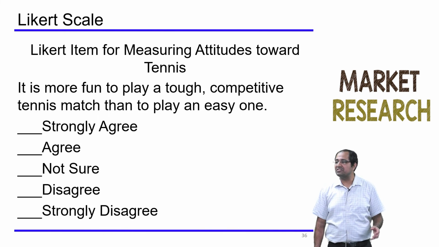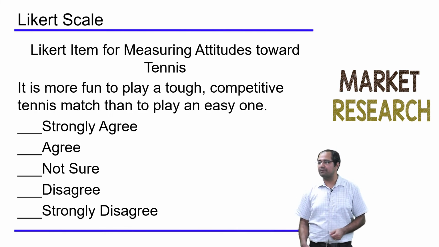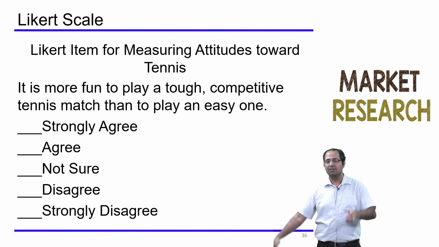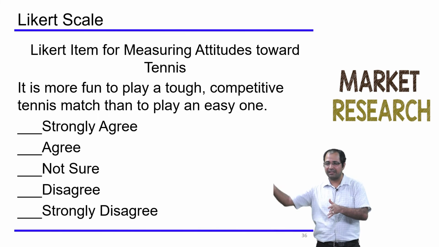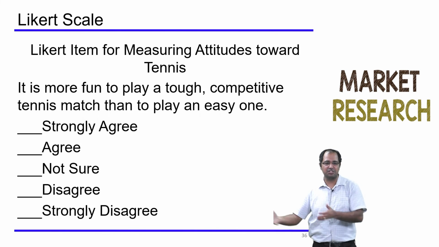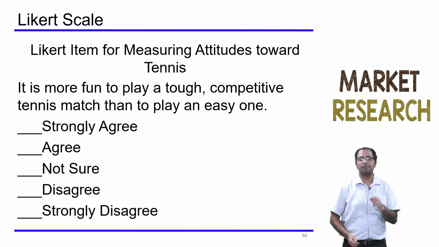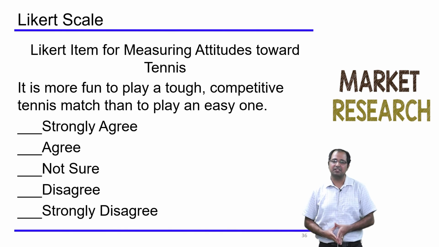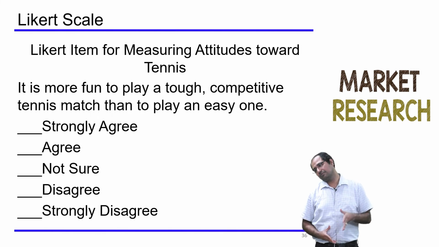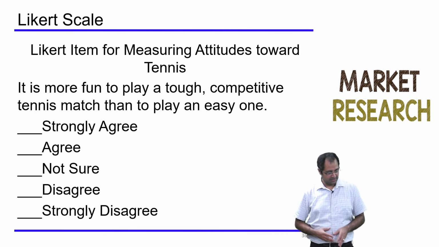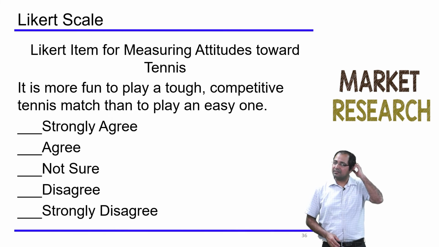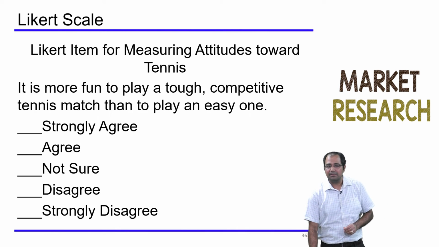So I am adding more statements to this concept, attitude, and I am measuring using 3 different statements, and the score I will take is the average of the person's score on these 3 items. 1 to 5, 1 to 5, 1 to 5. Let's say score is 5, 5, 5. The average is 5, which means the score for that person on attitude towards playing tennis becomes 5 out of 5-point scale. So Likert scale can be multi-item, it can be single item.